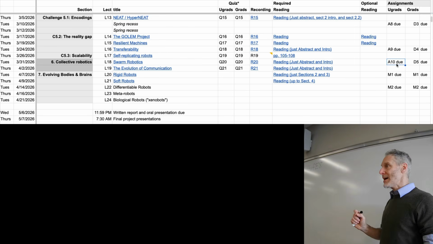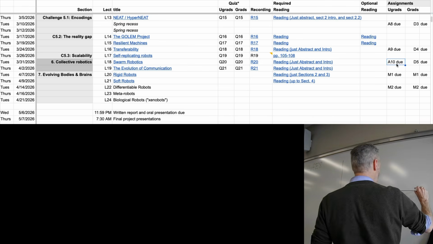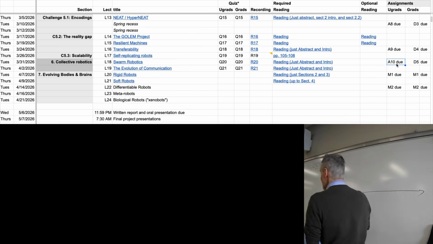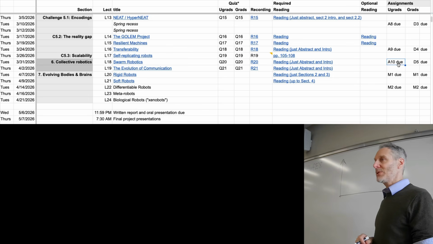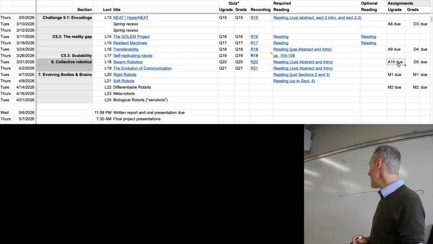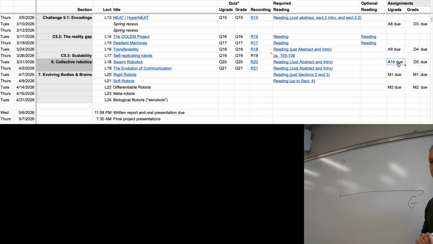So let's talk now about preliminary A/B testing. Let's take as an example the Brainiac project, so adding hidden neurons to your robot. Let's assume in that case you do choose assignment 10, the baseline experimental platform, as your algorithm A, and you run it for a number of evolutionary generations.